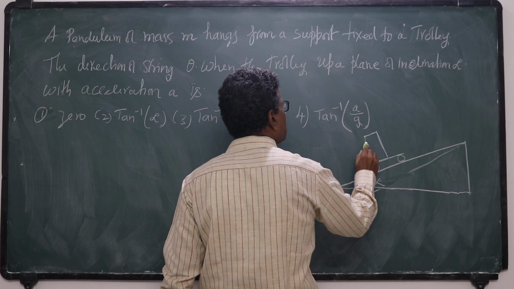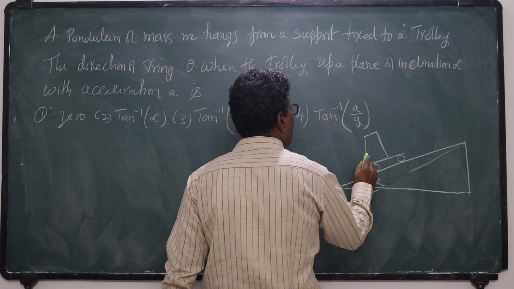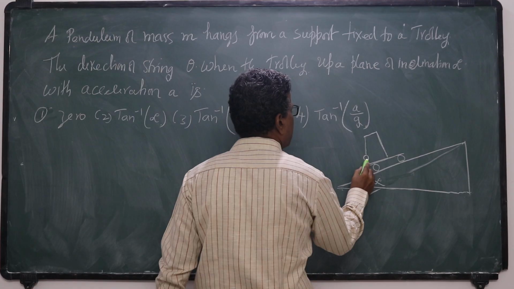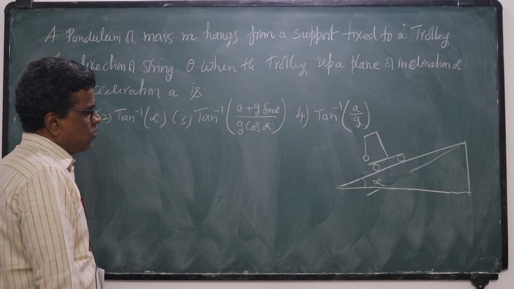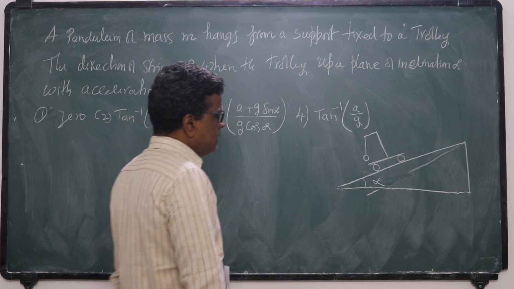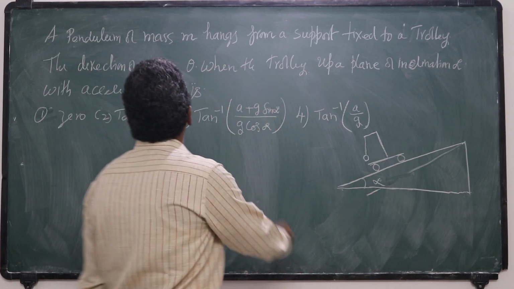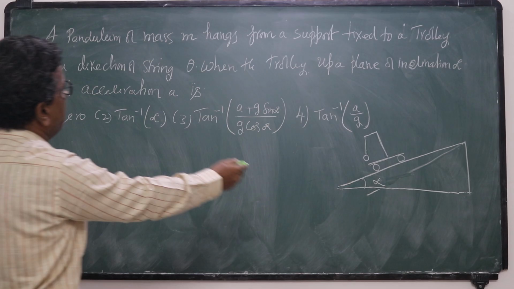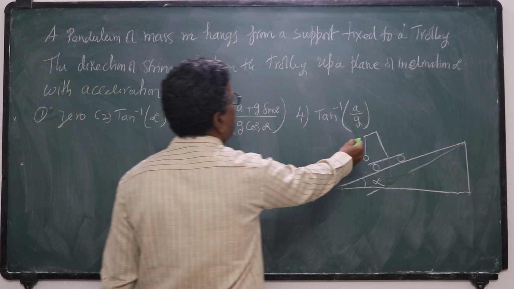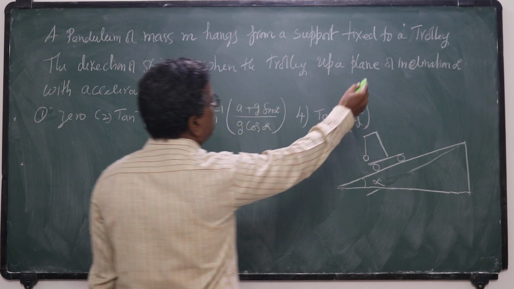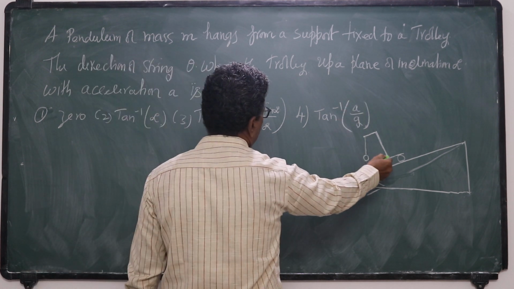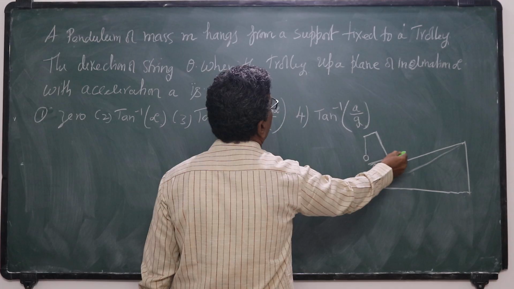This is the pendulum bob of mass m, and the support is carried by this trolley.